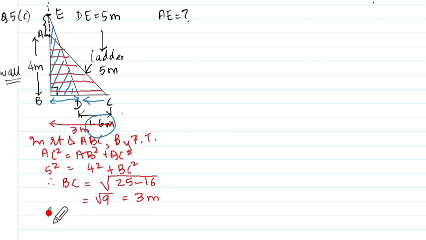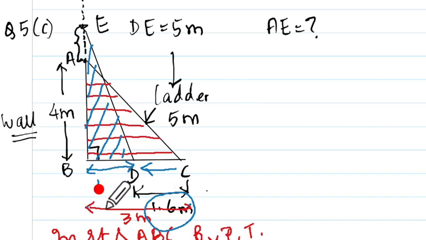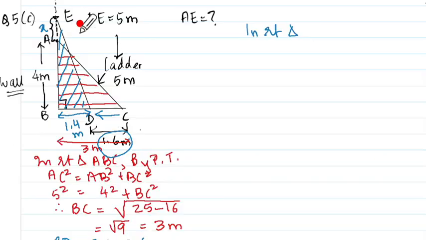So we will have BD will be equal to BC minus DC, which will be 3 minus 1.6, which is 1.4 meter. So we have this as 1.4 meter. Okay. So if we call this as X, then we will have in a right triangle EBD.